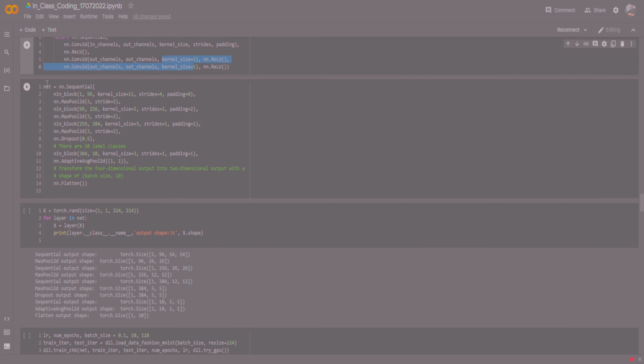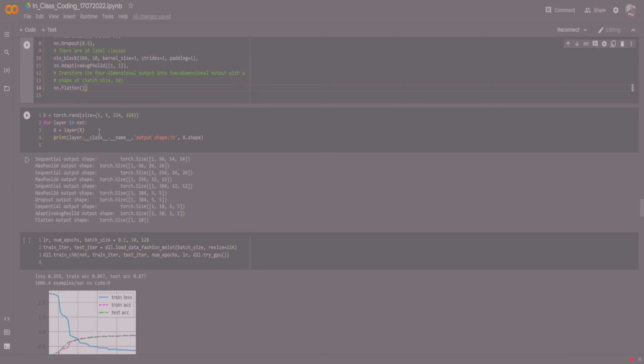That's in the next part of the code. Again it is sequential; we are calling the NIN blocks many times, and between the blocks you are using the max pooling. That is repeated as many times as you want. Finally, I flatten this so that you can get the outputs, and we are able to print the various layers over here.